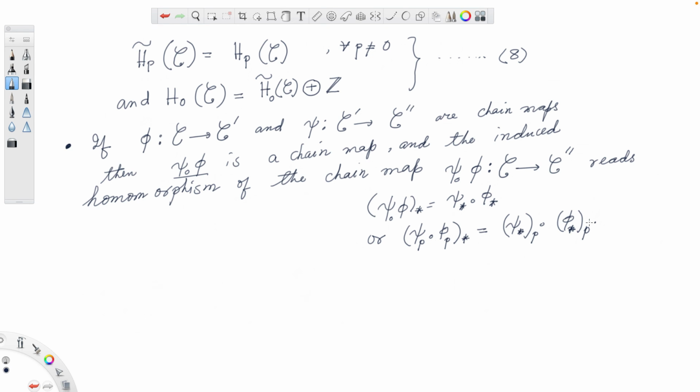So this is precisely what we used while proving the commutativity of the diagram, where we had these two long exact homology sequences connected by families of homomorphisms. Okay, good.